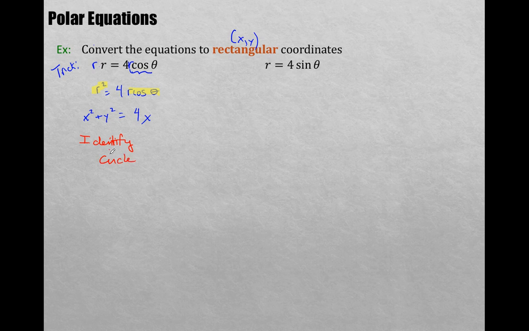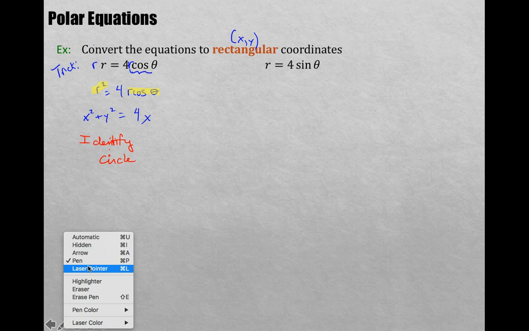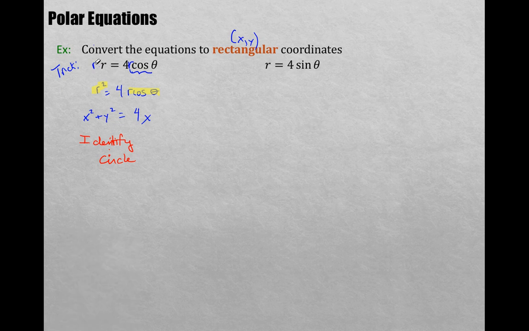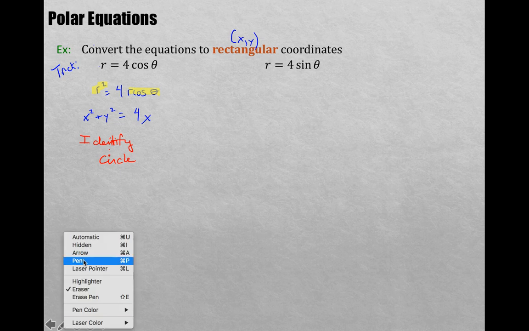which is not a function in rectangular, but it is in polars. Look at this equation, what I started with before I messed around. r equals 4 cosine theta is a circle.